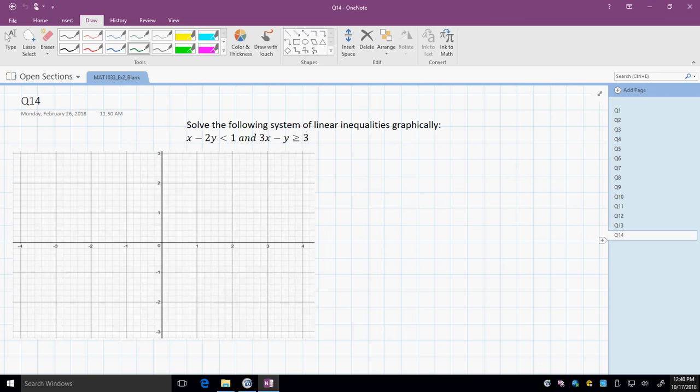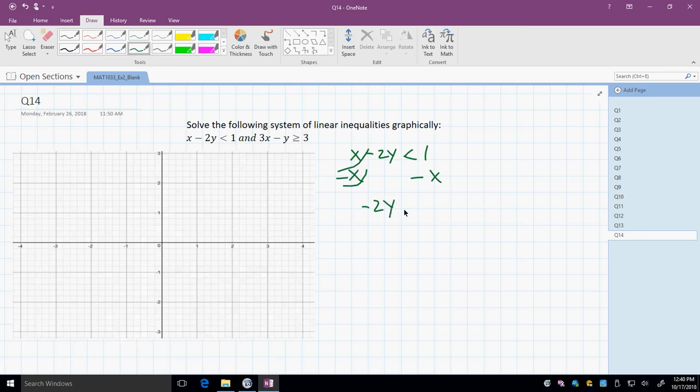I'm sorry for all the craziness. So solve the following system of linear inequalities graphically. So the same thing, I will go and solve for y. I have x minus 2y less than 1. Instead of solving for y, I'm going to start by subtracting x on both sides of the inequality sign. That cancels, which is not working.